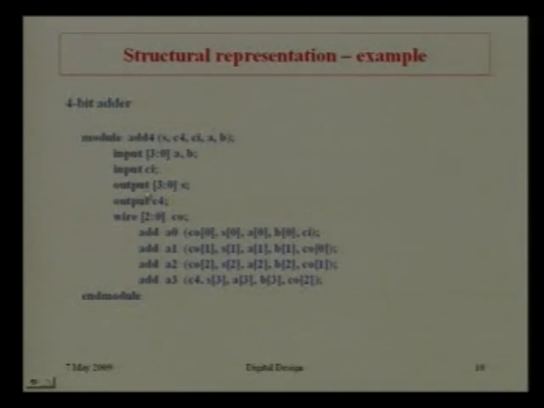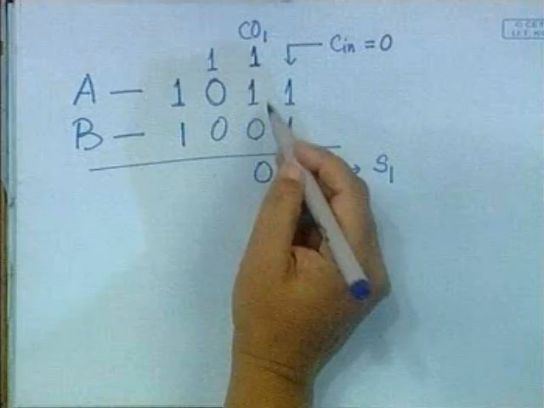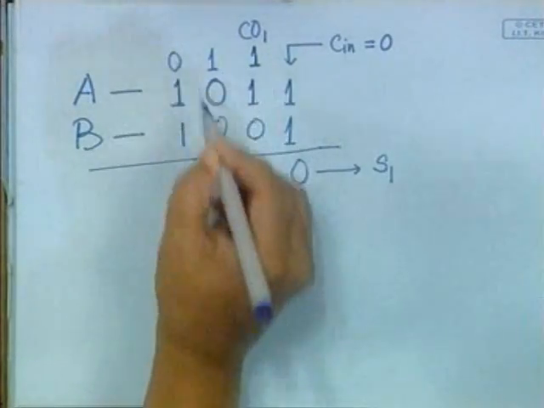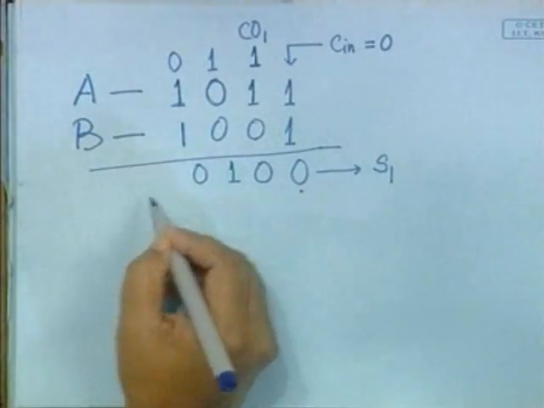Okay. Then the output is again 4 bit, because my sum should be 4 bit. Again the output C4 is the final carry. So again if we take the example, it is 1, then carry 0, and 1 plus 1 is 0, carry 1.